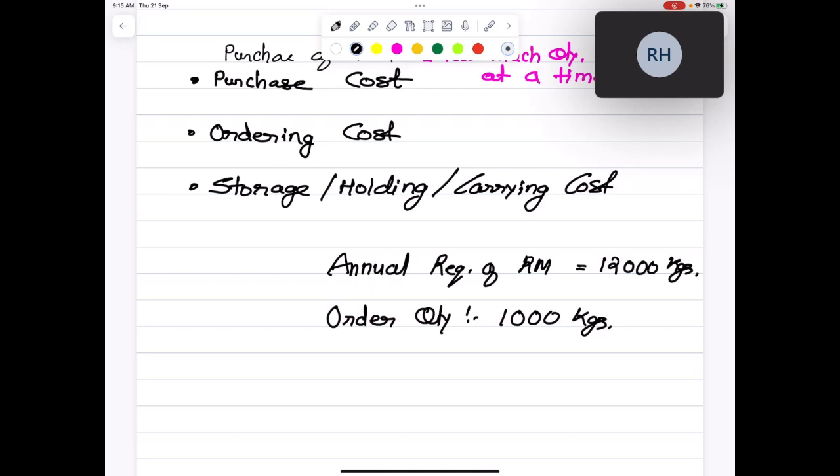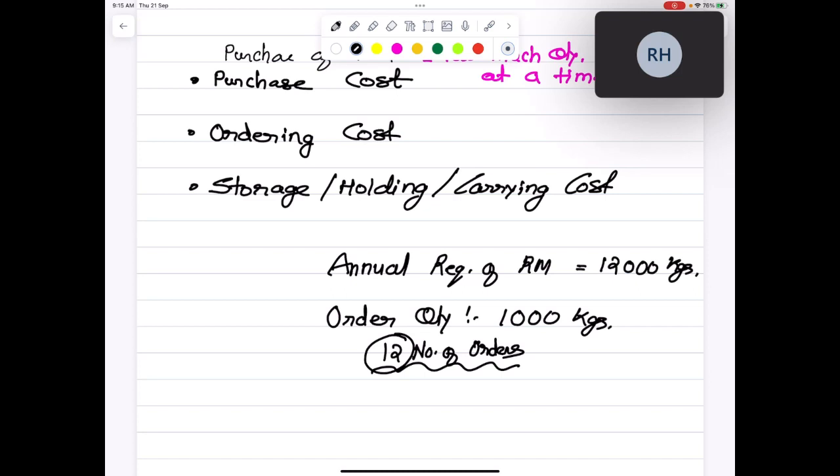It's very simple. I have to purchase 12,000 kg, and at that time I will purchase 1,000 kg. So I require 12 number of orders.